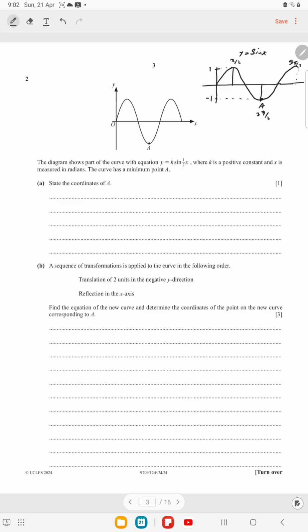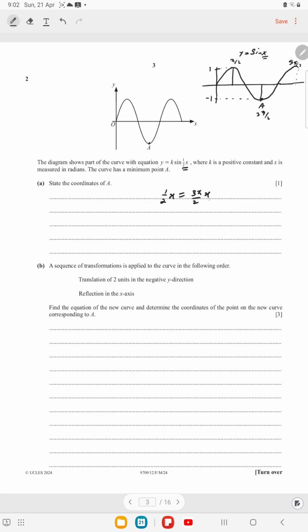So just for 1 mark, compare this point. Here we have a half period, here we have one complete, so it means here you can write 1 by 2 x equals 3 pi by 2.